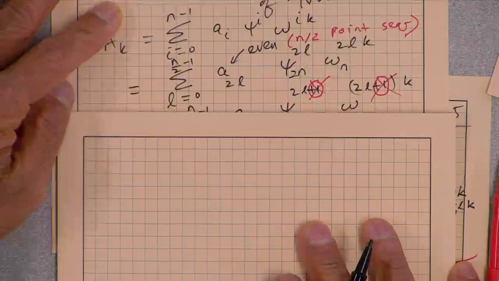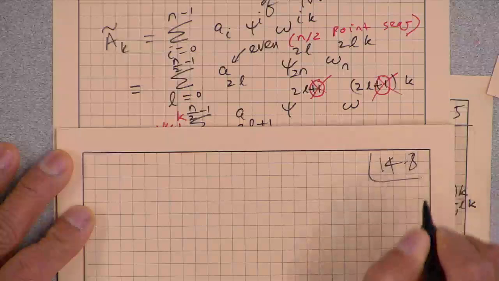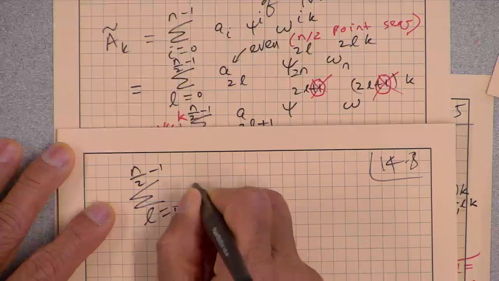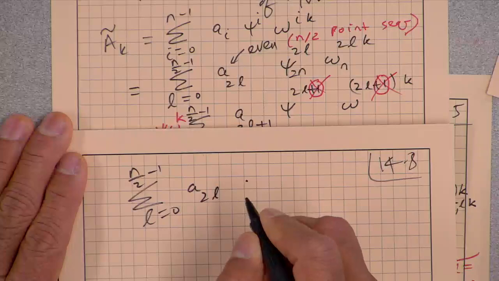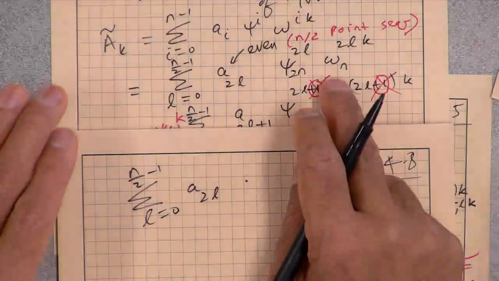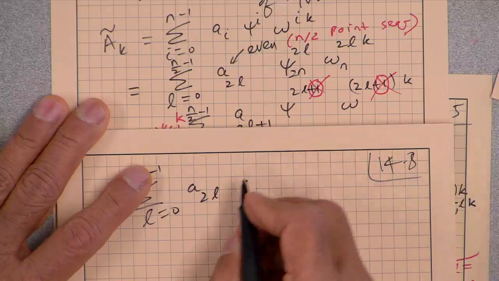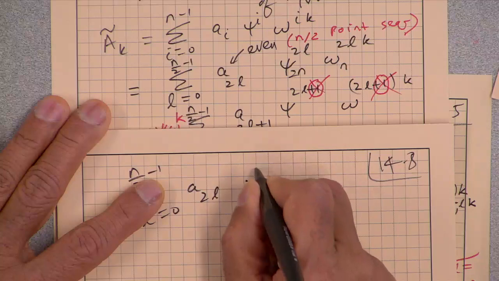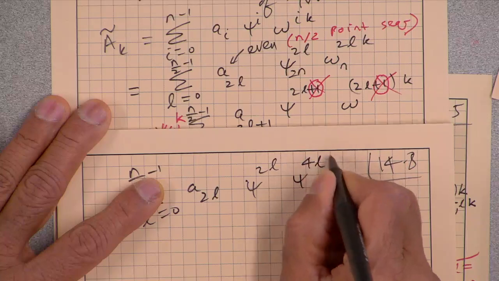So now the new twiddle factors, summed over L equal to 0 to n by 2 minus 1, a to L. So omega is psi squared, okay, so I can write this as psi to the power 2L, psi to the power 4LK.